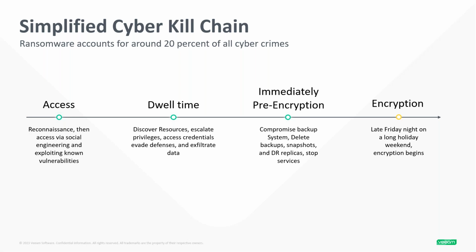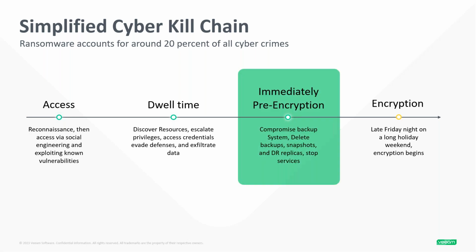You can go in and delete your backups, snapshots, anything that is critical for a customer like yourself who wants to perform restoration. Now, the real impact comes when the encryption of specific files and critical data begins, and there's no stopping them, because once they know exactly when there is a longer period, in this situation a late Friday night on a long holiday weekend, the attacker will begin the encryption process.